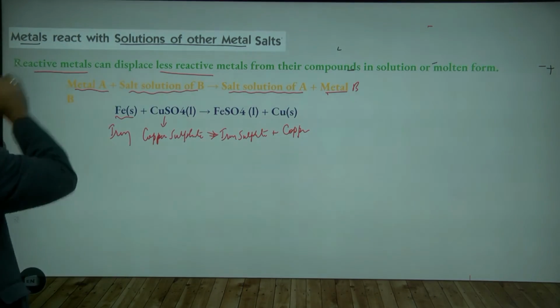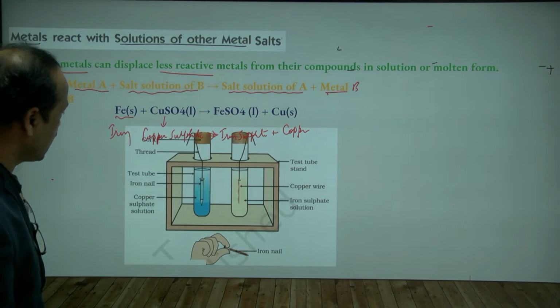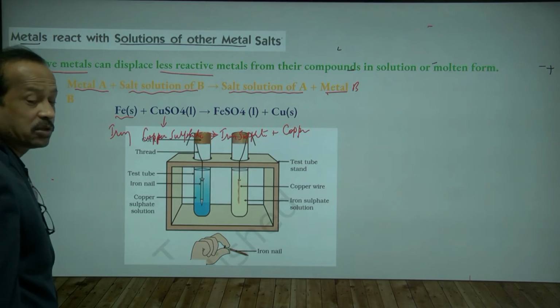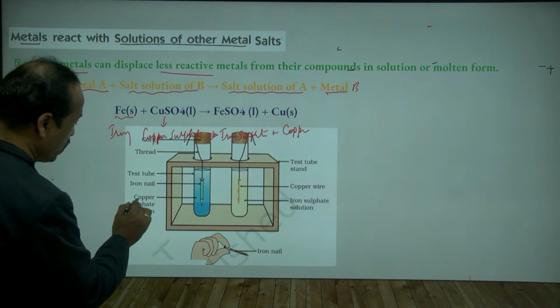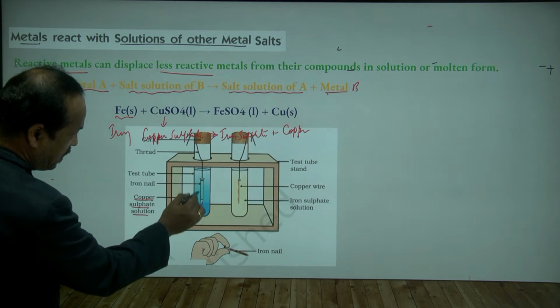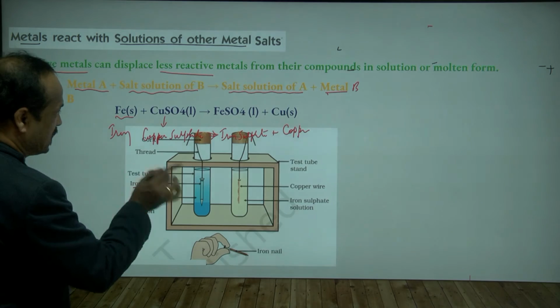Yes, sir. Now see here, the diagram is also given. In this diagram, this is the blue colored solution. What is the blue colored solution? Copper sulfate solution. In that, what are we fixing here? An iron nail. This is the test tube.